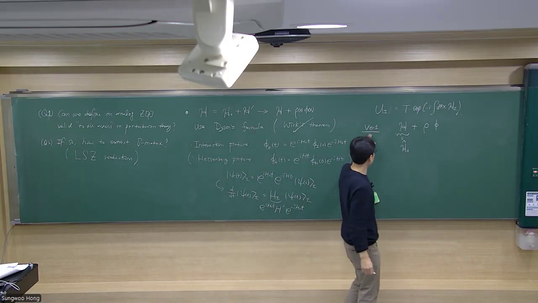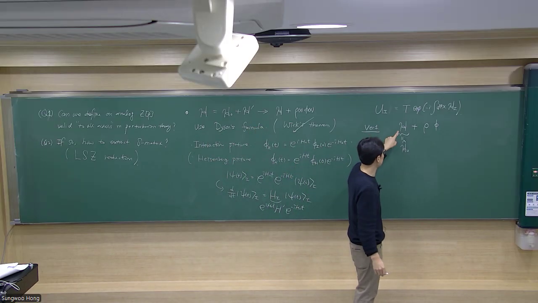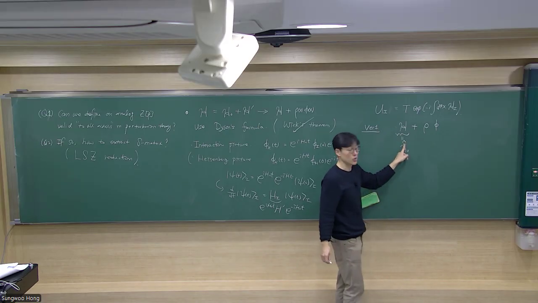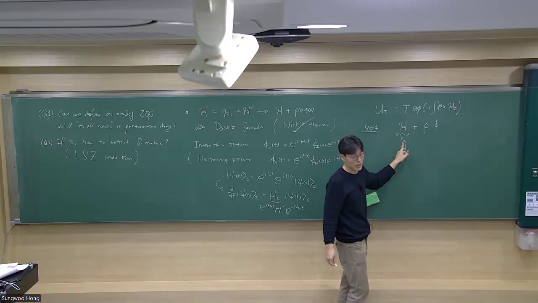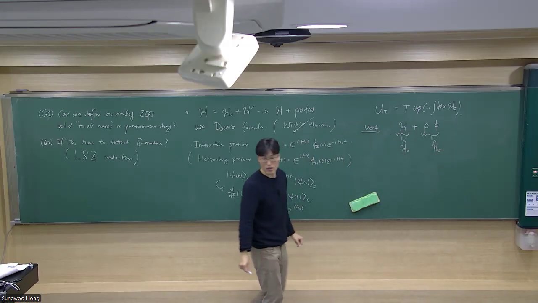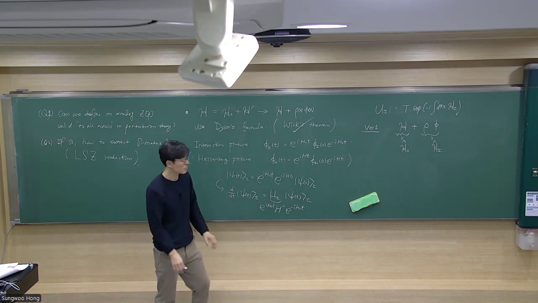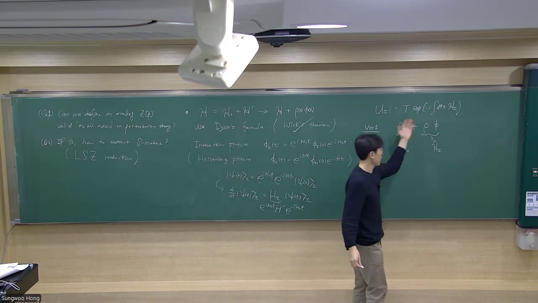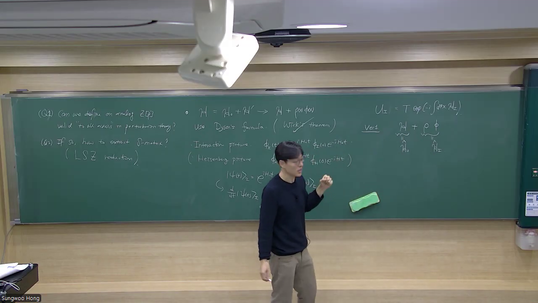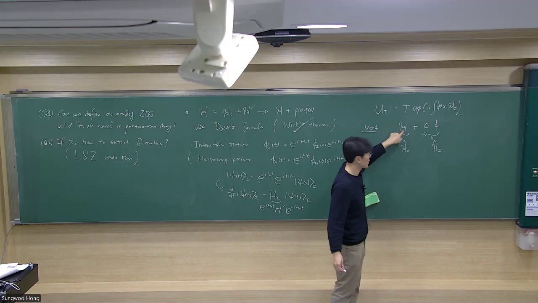In version 1 of our analysis, we're going to take the entire Hamiltonian as our base Hamiltonian. I put the hat to remind you that this is one version of the analysis. And then we are going to take the source part as our perturbation. So in this way, we will get an expression for the Green's function which is non-perturbative in the coupling constant hidden inside of this H.